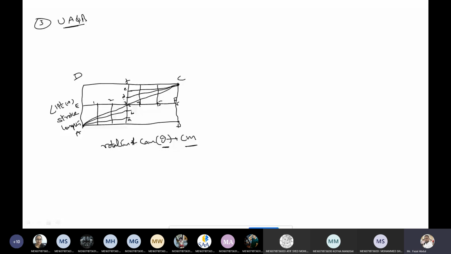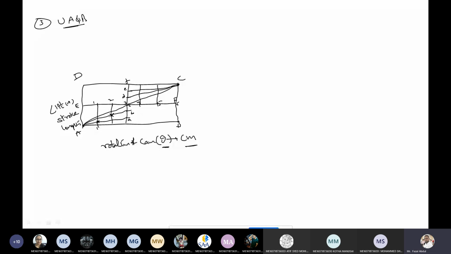Now while connecting, see here the first line A is touching the first point here. Give that name as 1 dash. Then the second line is intersecting here.